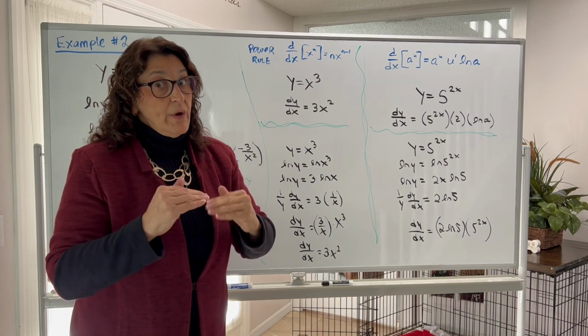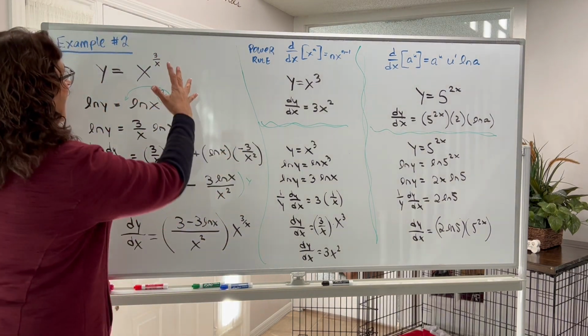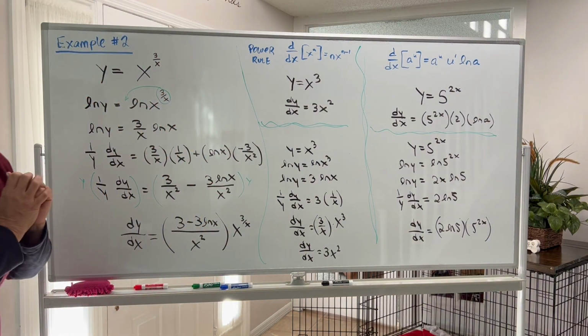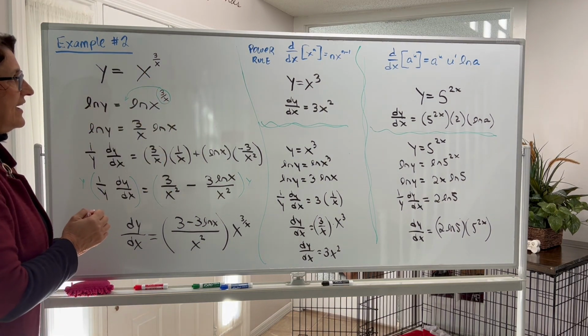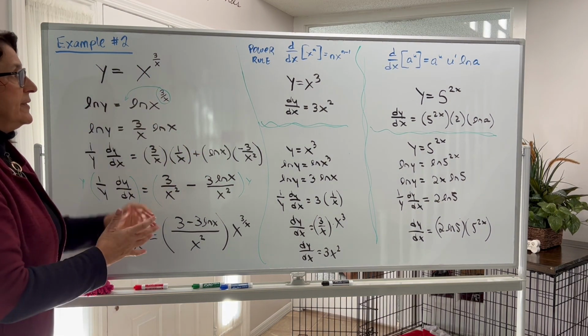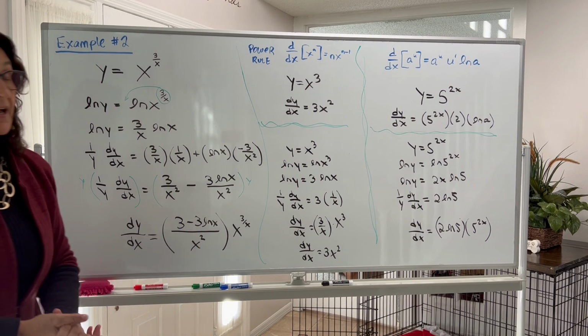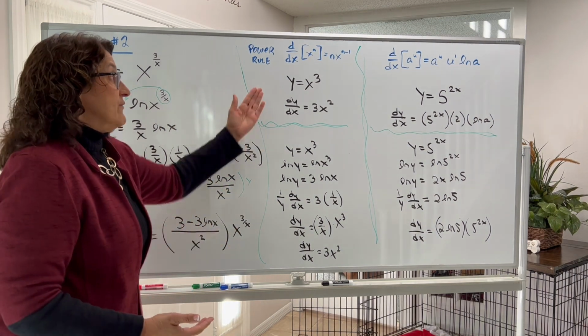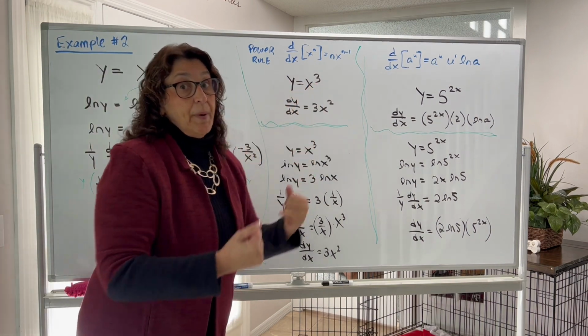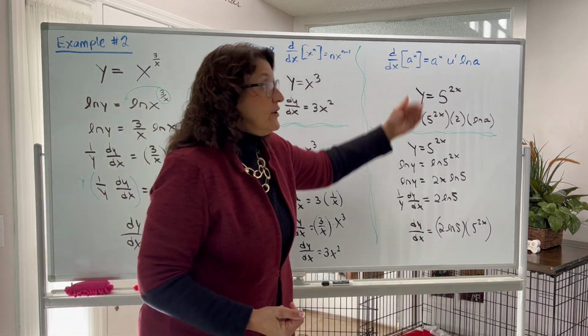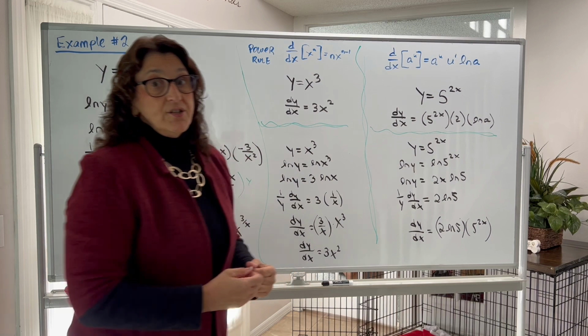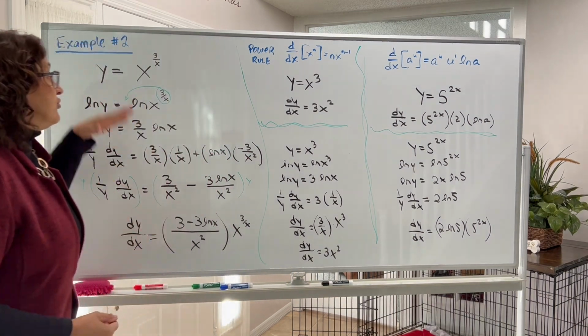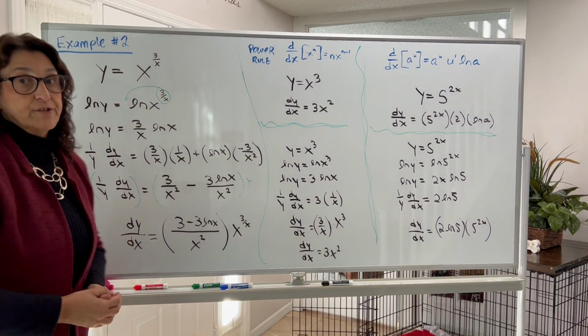A variable raised to a variable power, you have to use logarithmic differentiation. This is where you have to use it. The point I'm trying to make is that logarithmic differentiation works on everything. You can use it anytime you want, but for a variable base with a number exponent, use the power rule. Number in the base, variable in the exponent, use your exponential rule. If you have a variable to a variable, logarithmic differentiation.